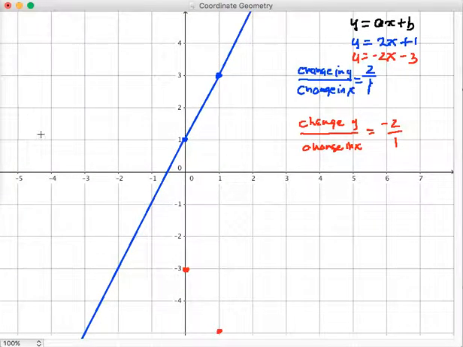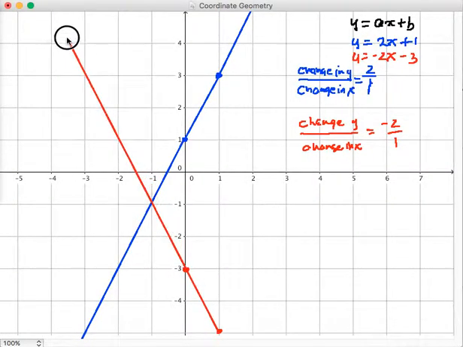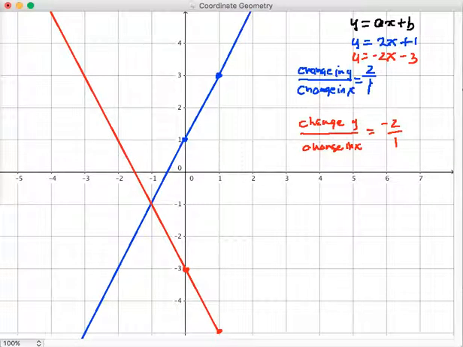Okay, so we can draw the line through these 2 points. So that's our line. This line is y equals negative 2x minus 3, and this line is y equals 2x plus 1.